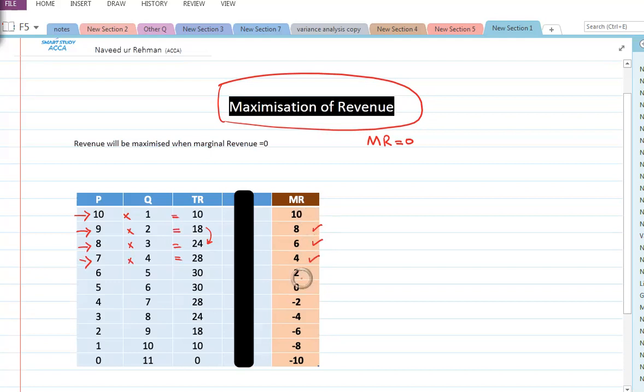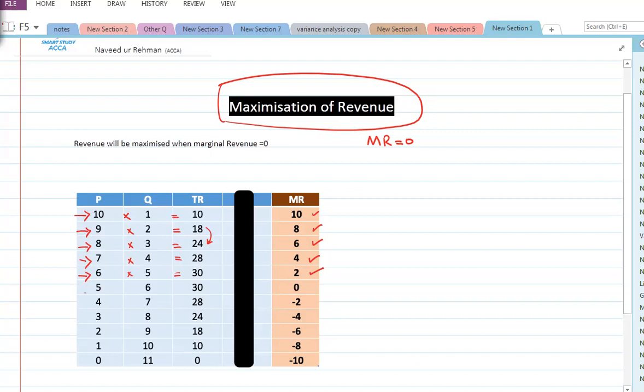Can you see that the marginal revenue is continuously reducing? Similarly, if you sell it for a price of $6, now you'll be able to sell one more unit. You can sell now 5 units. So the total revenue will be 30 and the marginal revenue is 2, right? Because you are reducing the price, the marginal revenue is reducing.